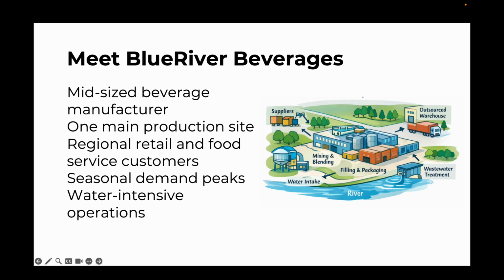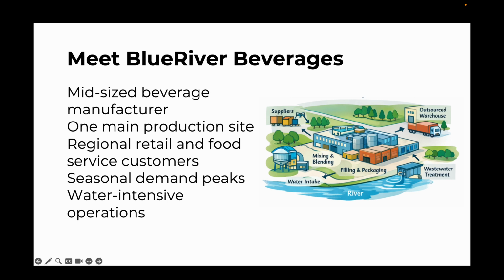Now, let's meet BlueRiver Beverages. BlueRiver Beverages is a mid-sized company with one main production site. It produces ready-to-drink beverages and concentrated syrups for private label and branded customers. Its main market is regional supermarket chains plus food service distributors.